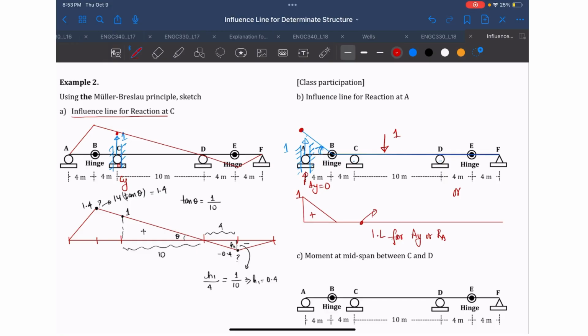You can use the equilibrium equation to verify that. So that's how you draw the influence line, and that's how you apply the Müller-Breslau principle to draw the influence line for any response function, which means it could be shear force, moment, or reaction.